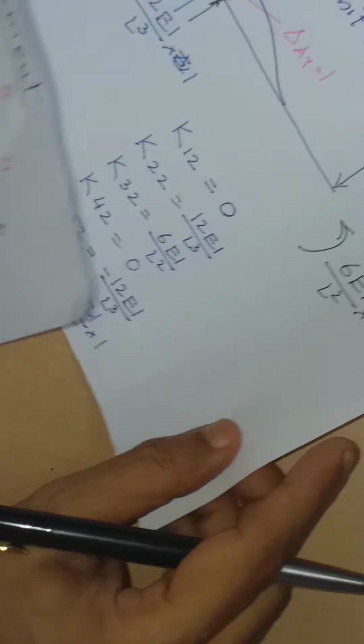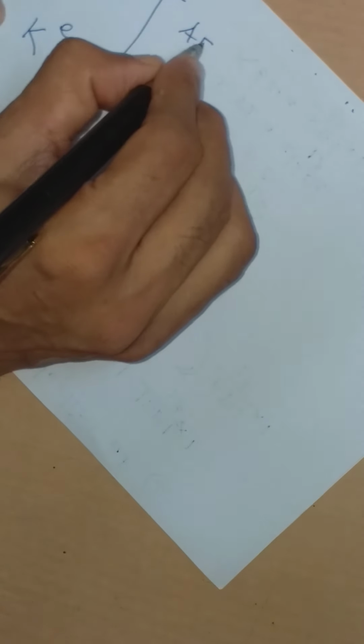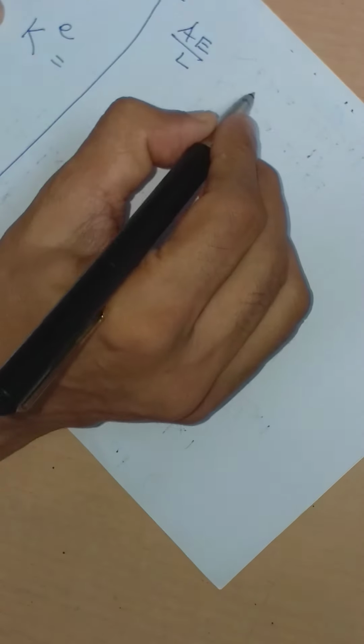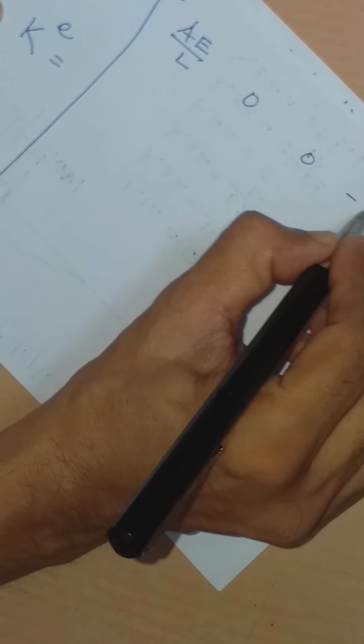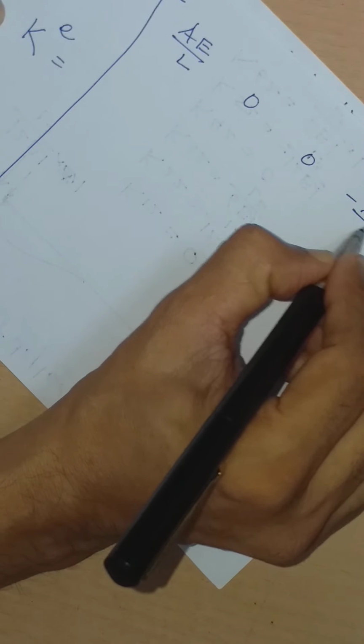This is how I will generate every column of the stiffness matrix, and my final stiffness matrix K element for the frame element will be, of course the size will be 6 by 6: AE by L, 0, 0, minus AE by L, 0, 0.